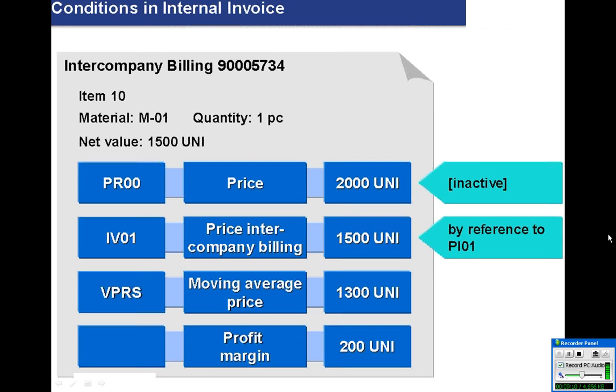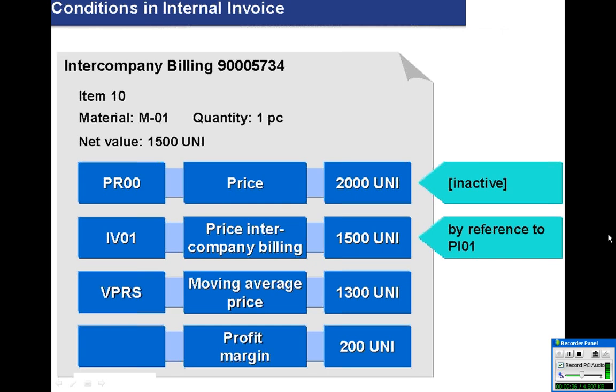Now for the intercompany billing, PR00 will be inactive. IV01 or TI01, the condition that is created for $1,500 US, that will be generated, and VPRS, that is the condition type coming from the material master, which represents the cost of that material.